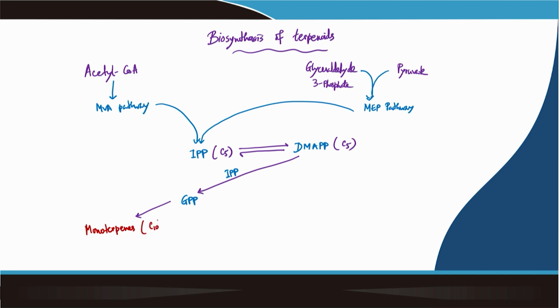Monoterpenes are C10. So, GPP is also C10, DMAPP C5, IPP C5. So, 2 C5 join and make C10.